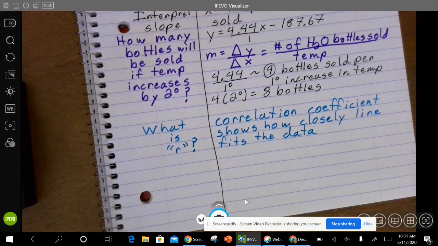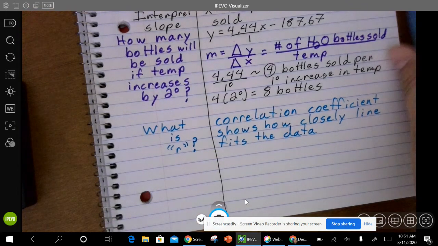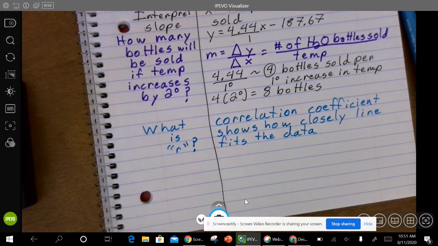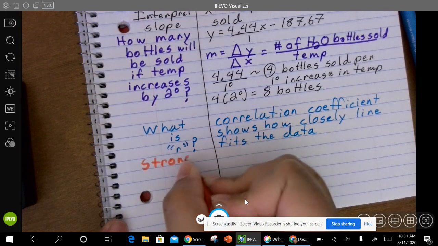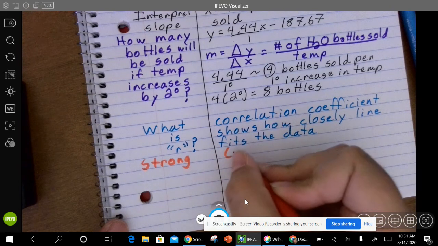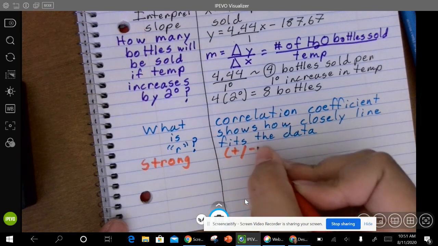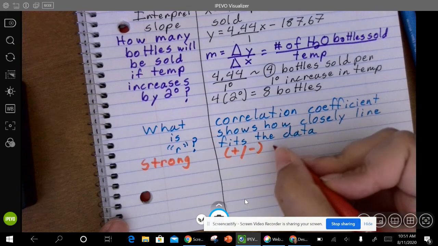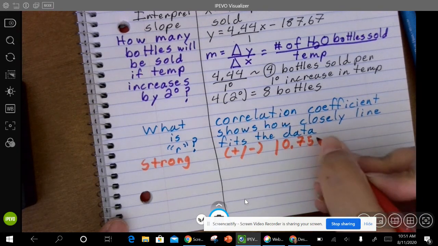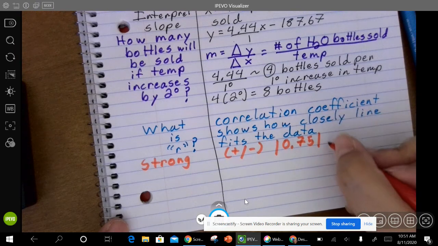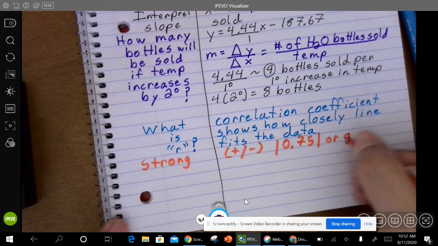Okay, and so for our correlation coefficients, everybody, if it's strong, and it can be positive or negative, it's going to be the absolute value of 0.75 or greater.